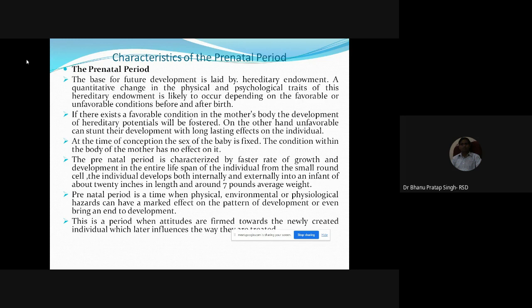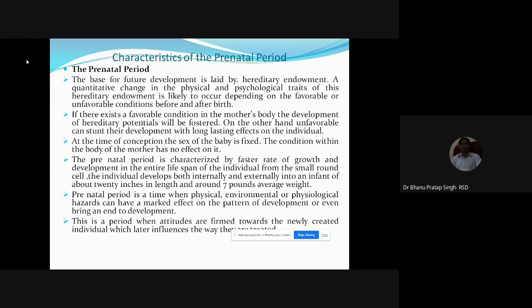It means whatever the physical and psychological traits, these traits develop in the prenatal period. Further, if there exists a favorable condition in the mother's body, the development of hereditary potential will be fostered. On the other hand, unfavorable conditions can stunt development with a long-lasting effect on the individual.